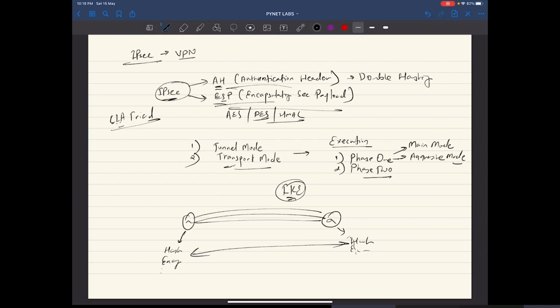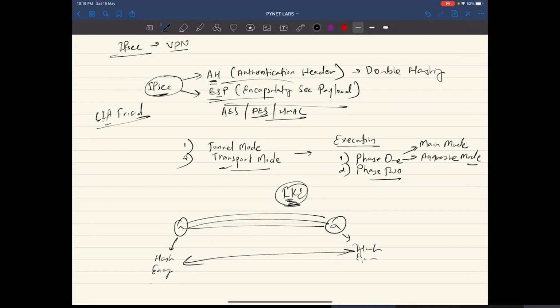Basically the IKE parameters, meaning Internet Key Exchange, will take care of the handshake between those devices by exchanging the keys. The phase has two operating modes. One is called main mode and the other is called aggressive mode.